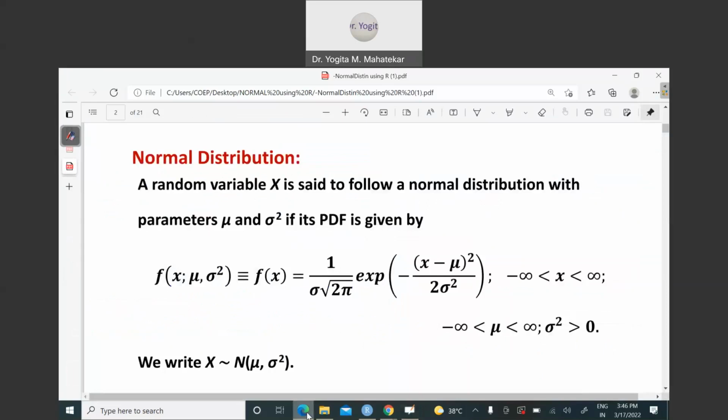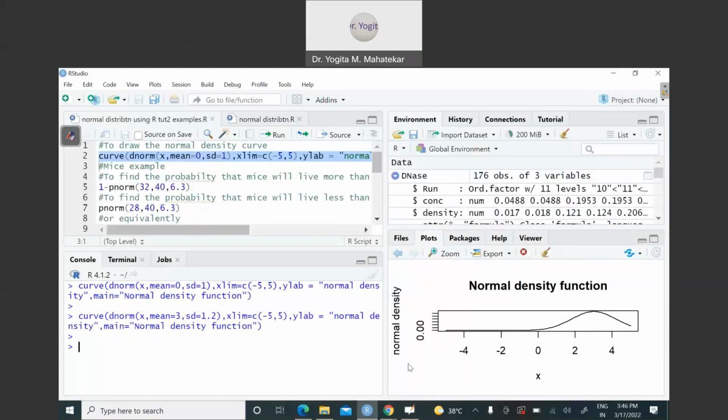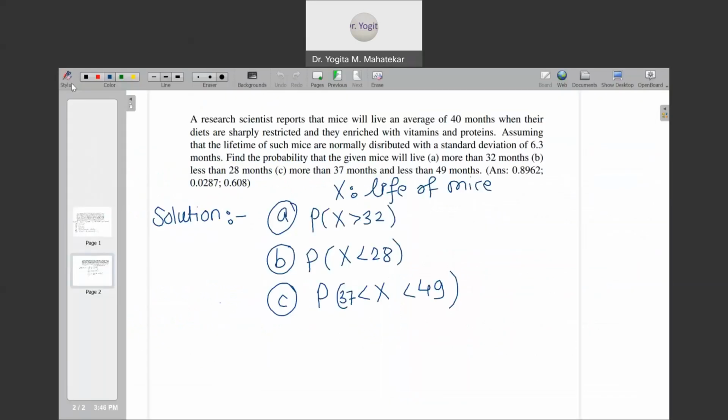So let me open the example window. I hope this example is visible. In this example, we are going to solve this normal distribution example with the help of R commands. So let me go through the example.